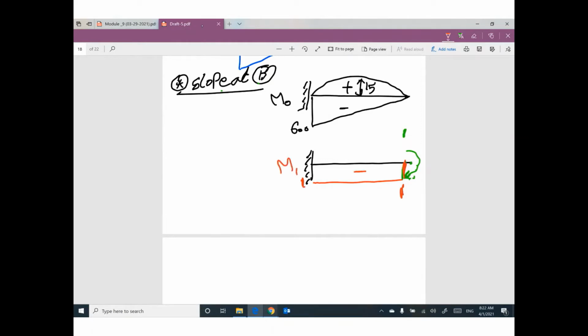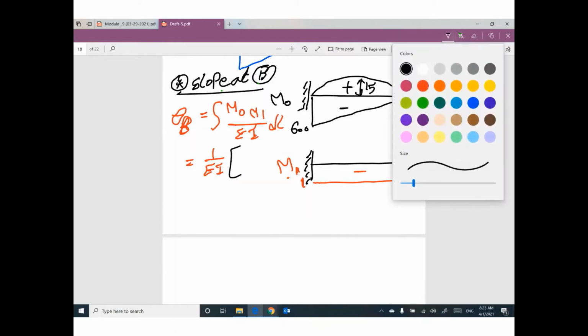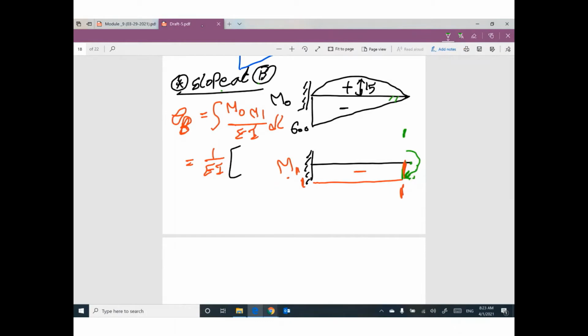This is M1. If you would like to figure out the slope theta at B, you need to do the integration of M naught times M1 divided by EI dL, with 1 over EI outside the integration. Remember, in M naught we have two diagrams: this triangle with this rectangle.